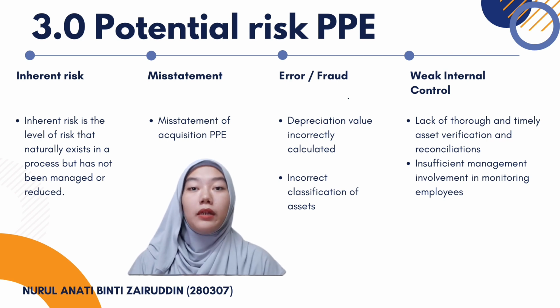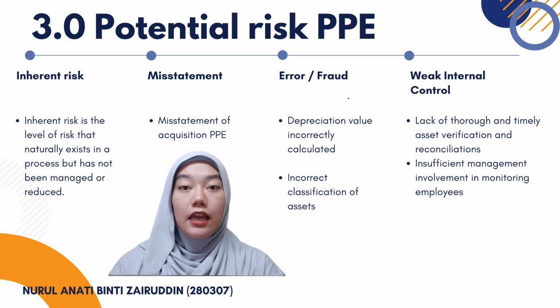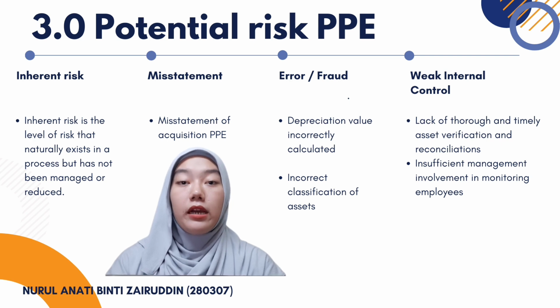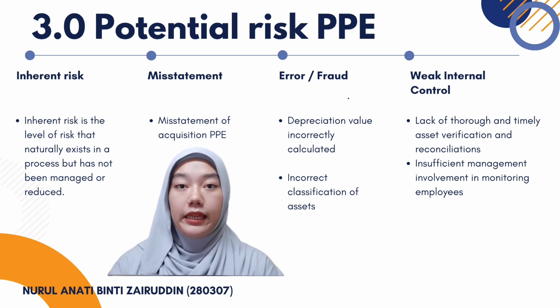I will continue with the potential risk and internal control of PPE. Before evaluating the efficacy of the client's internal control, the auditor assesses inherent risk, which quantifies the chance of a major mistake in the account balance. Misstatement in PPE may occur when the expenditure for repair and maintenance is recorded as PPE.